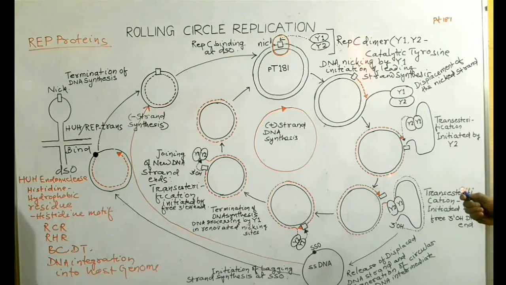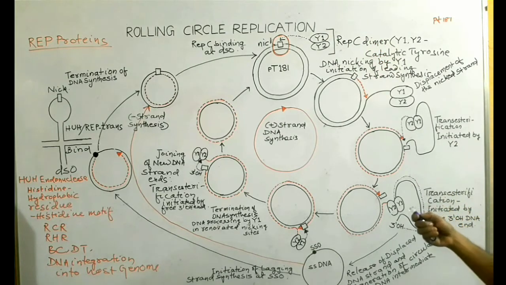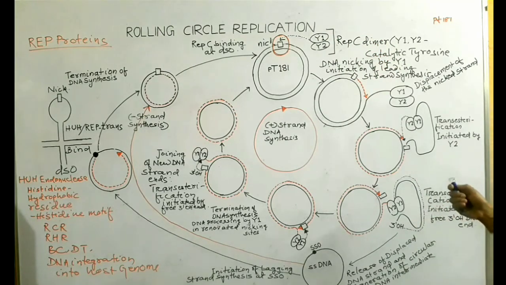Each monomer of the RepC dimer possesses a catalytic tyrosine residue. So a RepC dimer contains two catalytic tyrosine residues. One tyrosine residue is known as Y1 and the other is Y2. Y1 initiates the replication, whereas Y2 terminates the replication.